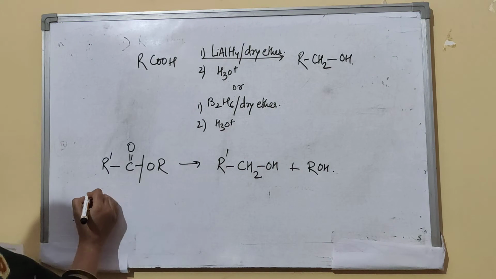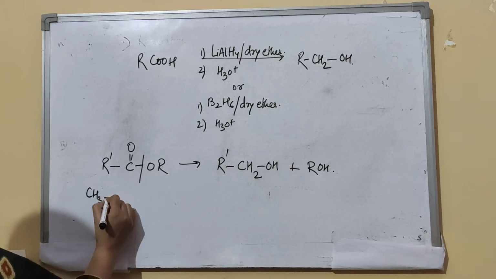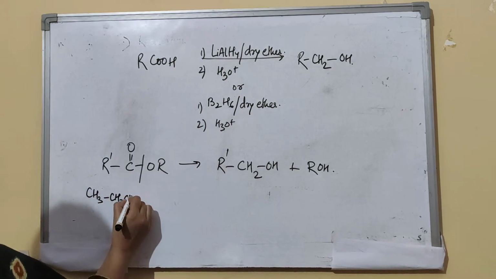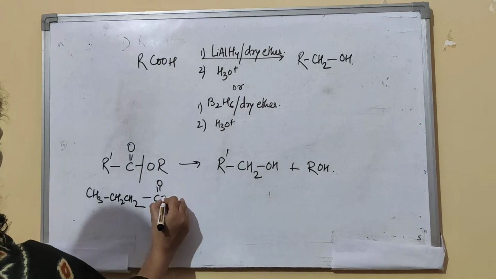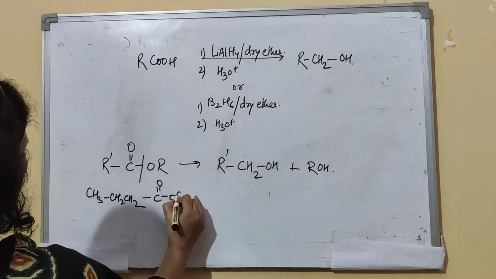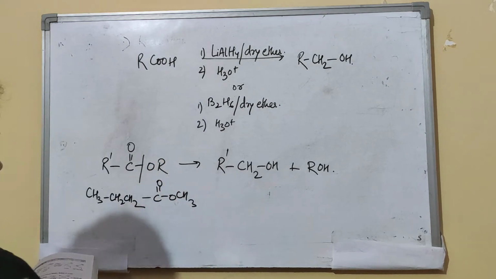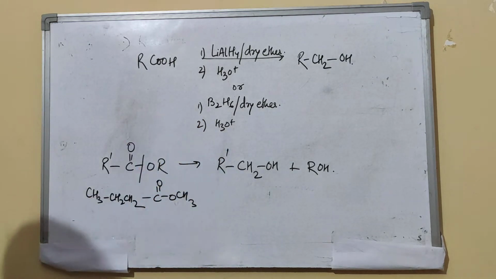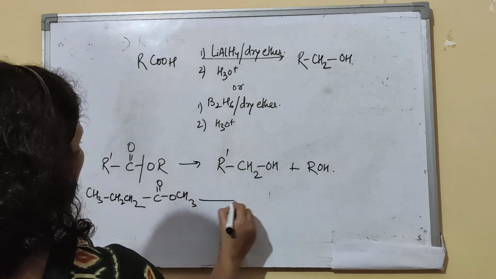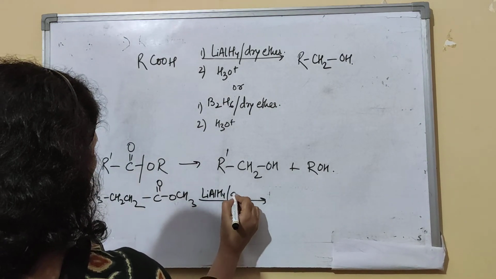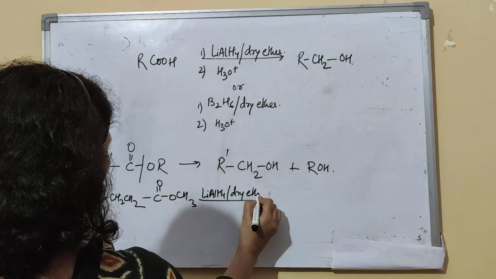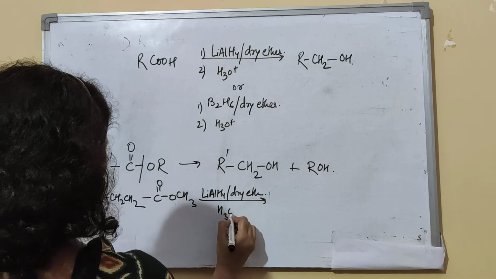Say I am taking an ester like this, CH3CH2CH2COOCH3. It is a reduction. The reagents are the same, so you are using lithium aluminium hydride in the presence of dry ether, followed by hydrolysis.